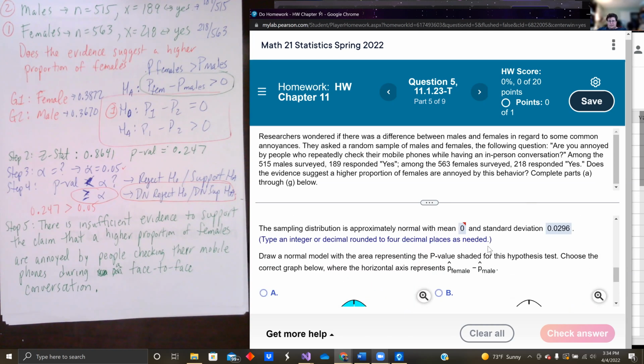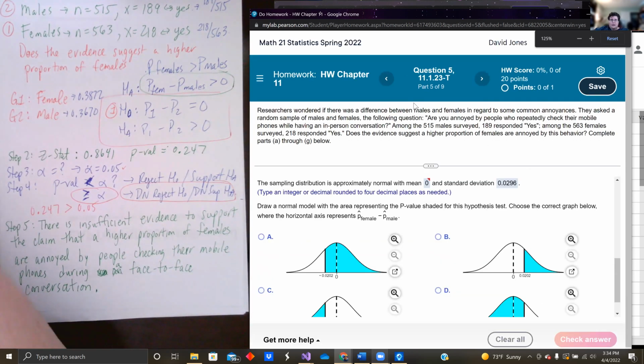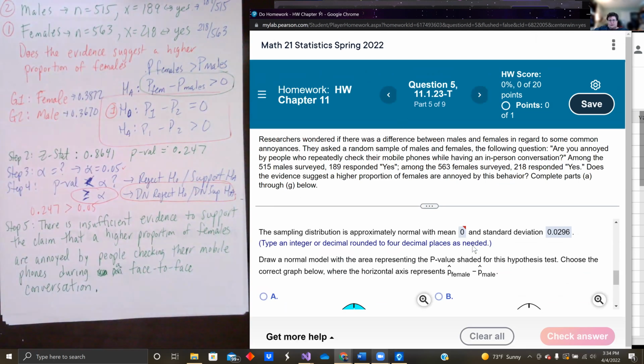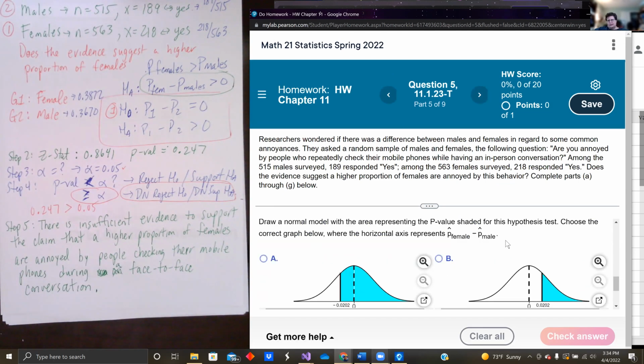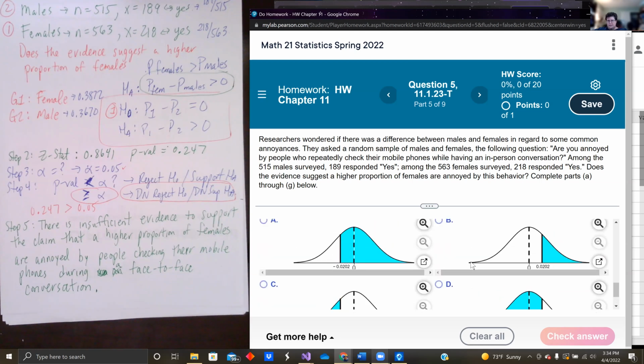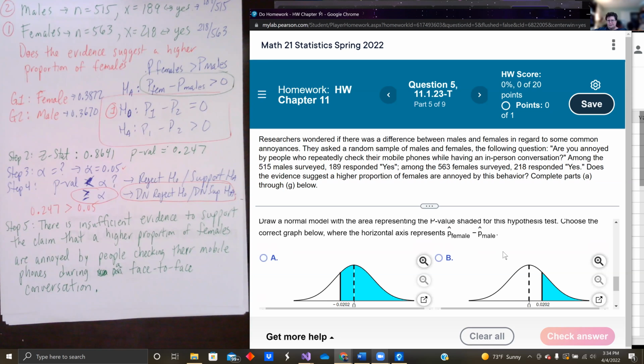All right, what's this question asking me here? That's too small. Draw a normal model with the area representing the p-value shaded for this hypothesis test. So my p-value was 0.247. It's not my p-value. Why are you calling it p-value? Oh, the p-value is shaded.